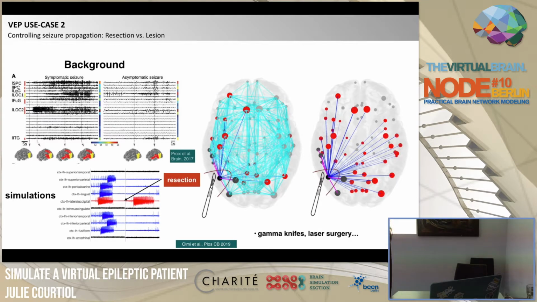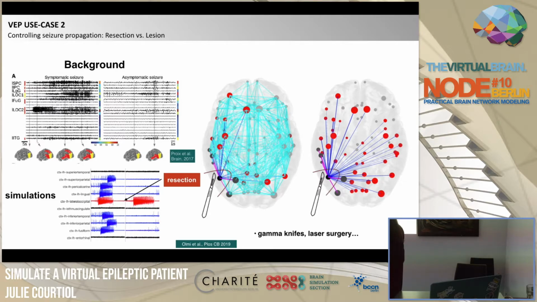A second study: first we have our epileptogenic zone, we have identified the propagation zone. But what we want is to stop the propagation, so that the patients don't have these altered behaviors. If we go back to an example of a patient, this patient exhibits, as in the previous case, a seizure that starts in the yellow zone and propagates just here, and the other one propagates to a larger zone.